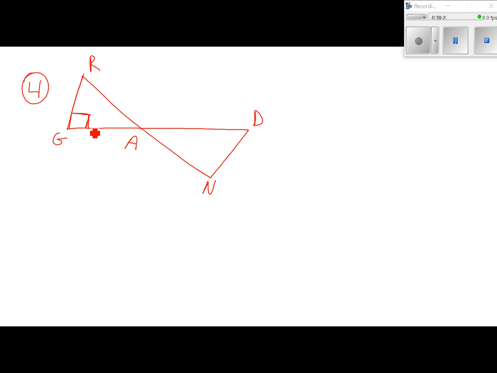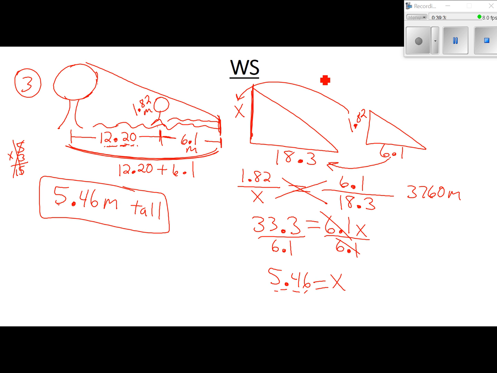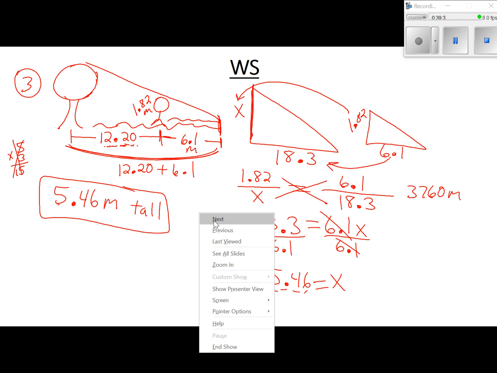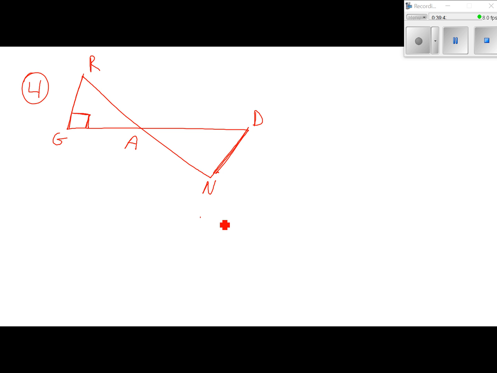My picture's not drawn the greatest. And ND is perpendicular to DG. And again, my picture's drawn horribly. So this right here should be a right angle.